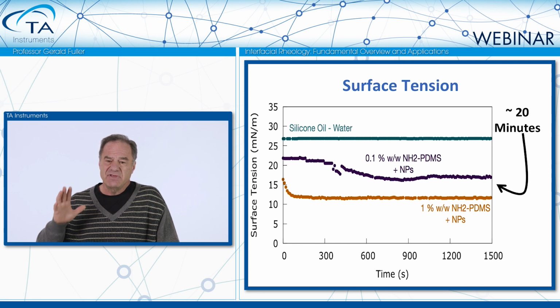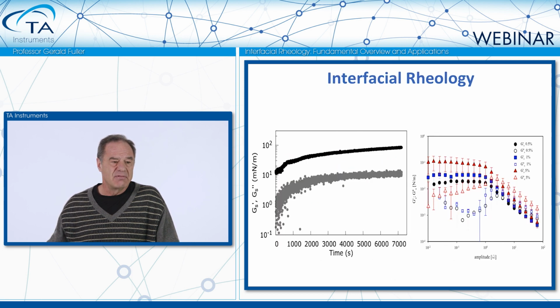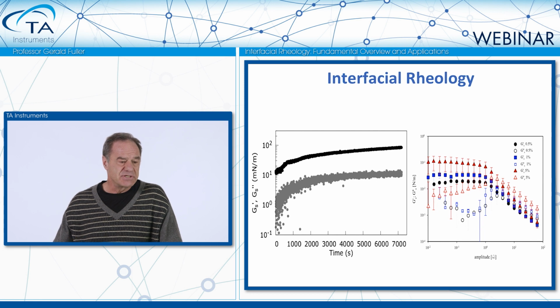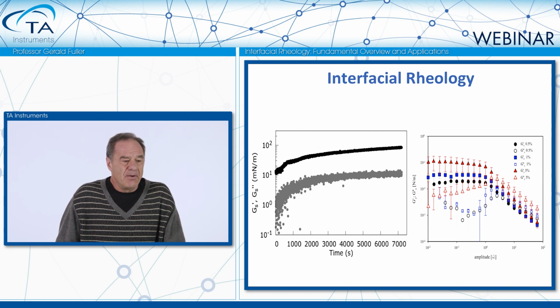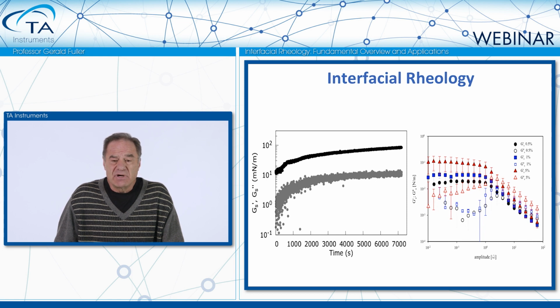It's mainly giving you the amount of material at the interface. It doesn't give you the interactions. The interactions you get through interfacial rheology. And you can see it here. On the left are the elastic and viscous moduli at the surface, plotted against time. And this doesn't evolve over 20 minutes. It takes hours.